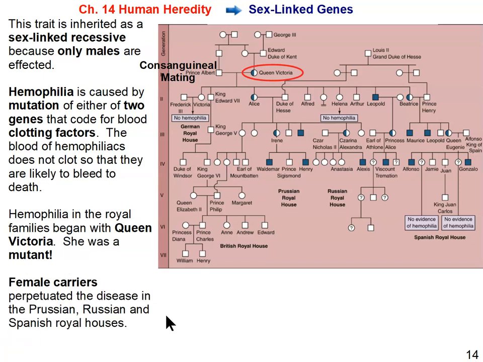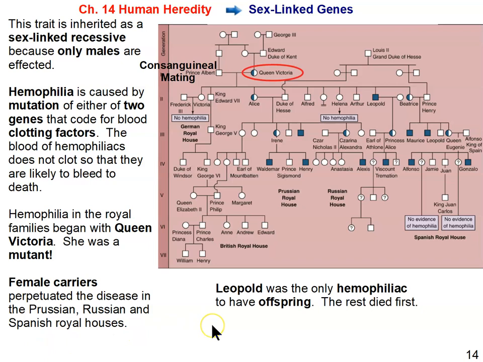So as we see in these sex-linked disorders, because the females have no idea they're carriers, and this is back in time when they had no idea how to do genetic testing or didn't really worry about or understand how traits like this were passed through the population or through families, the female carriers perpetuated the disease in the Russian, Prussian, and Spanish royal houses. So it spread throughout royalty in different countries.